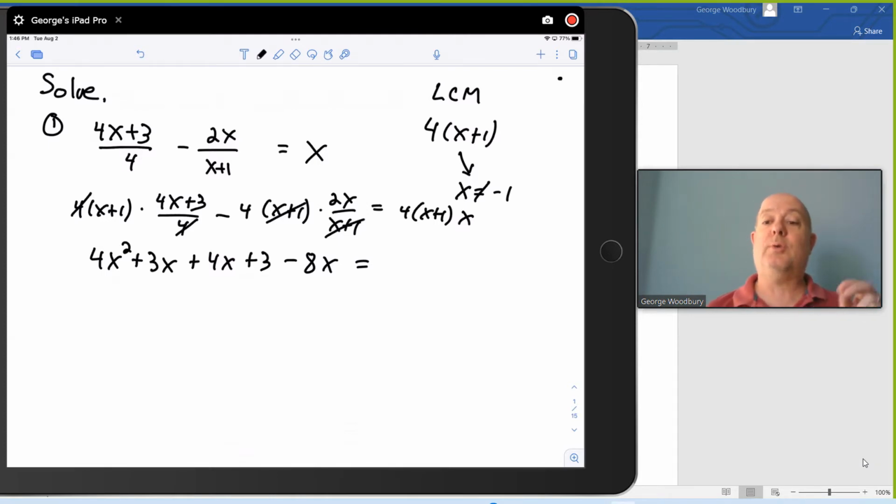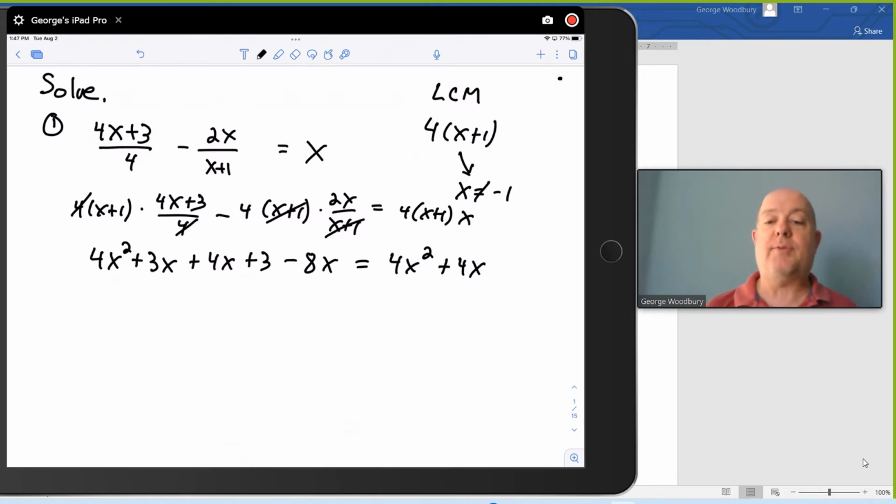On the right-hand side, there's no denominators to divide out, so I just need to multiply this out. I've got three factors, 4, (x + 1), and x. I can take 4x and treat it as one factor and distribute that through. So 4x times x is 4x squared, and 4x times 1 is plus 4x. So this looks like a quadratic equation, but what we're going to see in a moment is that when we subtract 4x squared from both sides to get all those terms together, there will be no more squared terms left, and then it's going to be a linear equation.